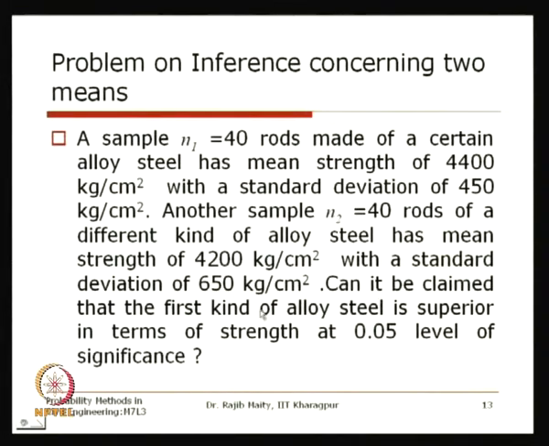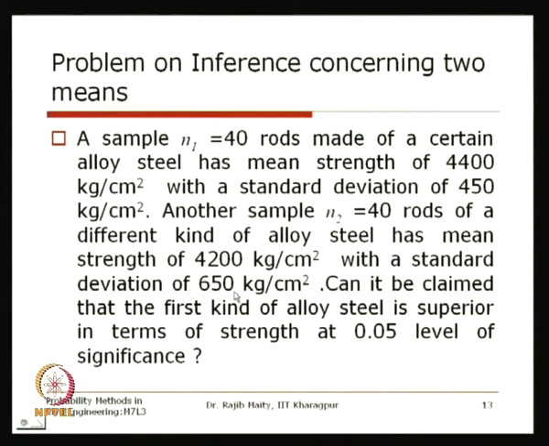Can it be claimed that the first kind of alloy is superior in terms of strength at the 0.05 level of significance? Numerically, 4400 is greater than 4200, but we also have to see the spread, their standard deviations, 450 and 650.